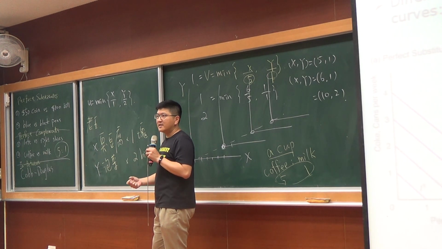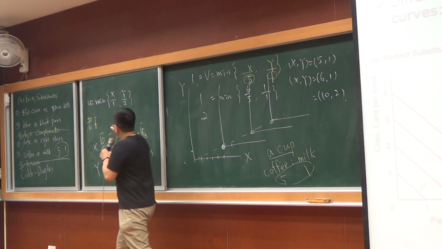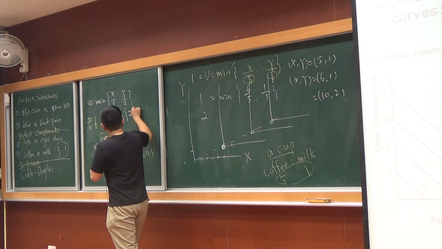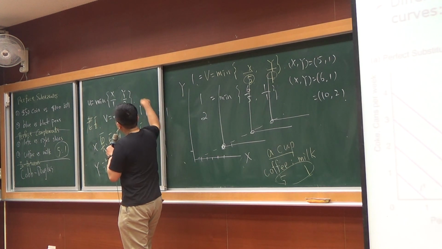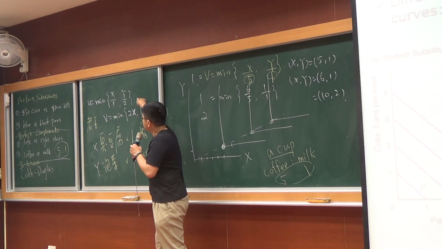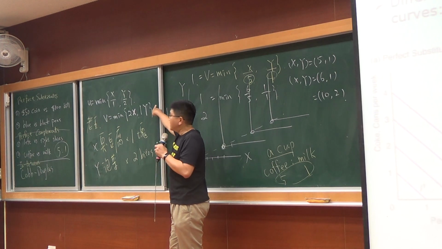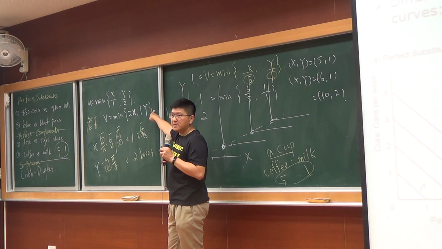Is that clear? So we may also have 2x and 1y in this case as a monotonic transformation of this one. Is that right? You just multiply this by 2, then you have this one. Is that clear?